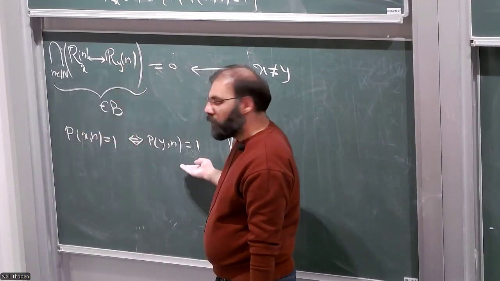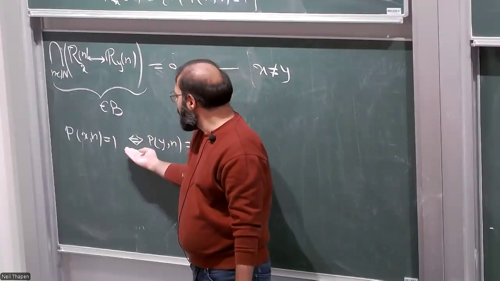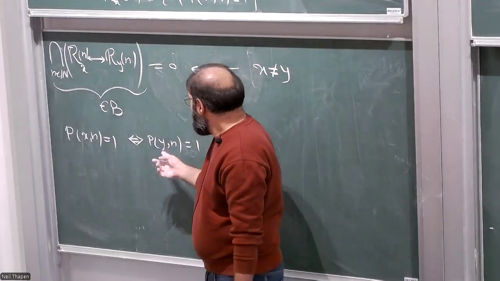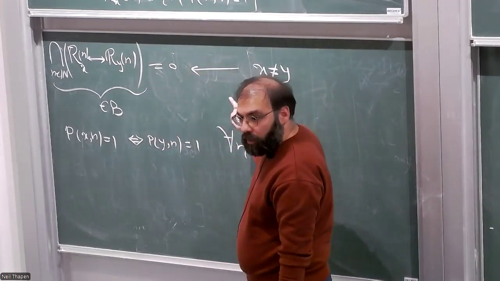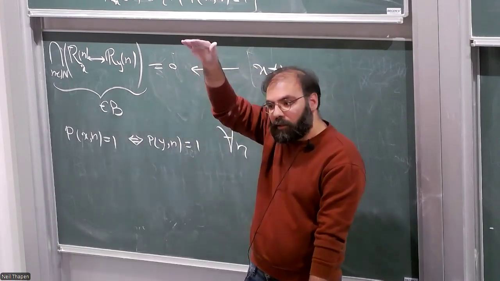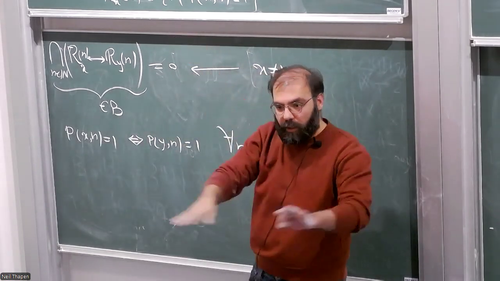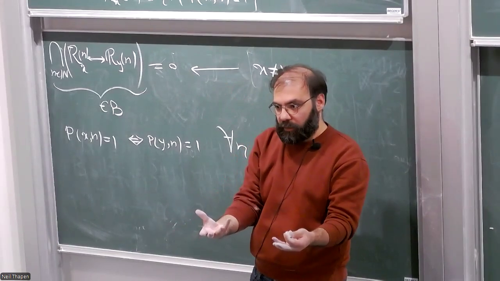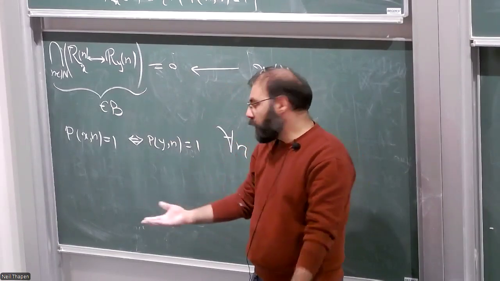And there's a problem here. P is something and it's finite. If x and y are not equal, of course I can find some very big n where I'm not saying anything, because P is finite. It cannot say anything about all the numbers.